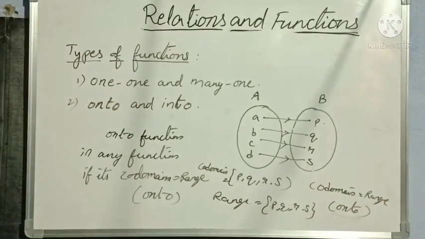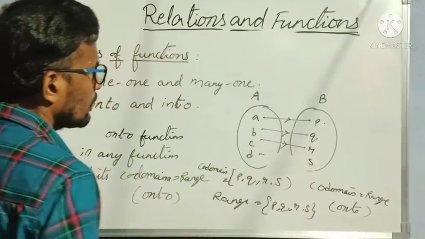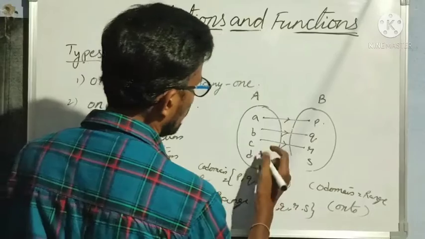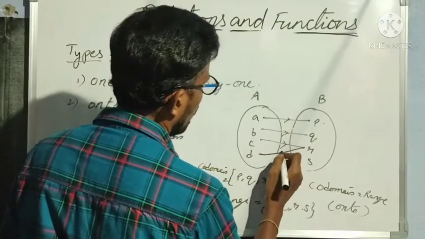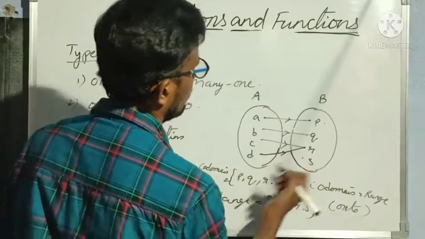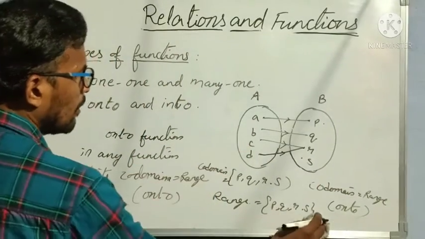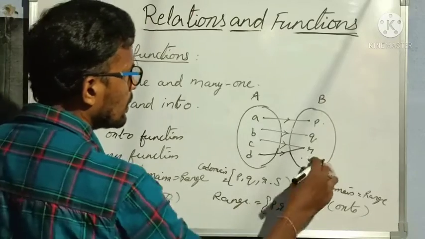Understood? Suppose I am mapping D also to R. Then in such a condition, what is our range now? Is the range the same now? No. Why? Because S is not mapped here.